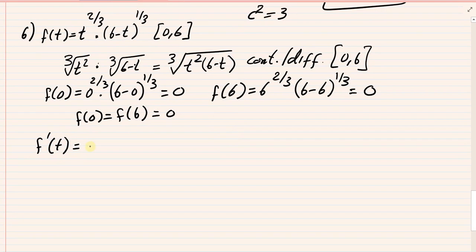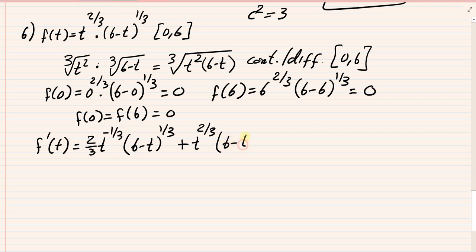Using the product rule, that would be derivative of first times second: 2/3 t to the negative 1/3 times (6 minus t) to the 1/3, plus first times derivative of second, which is the derivative of (6 minus t) to the 1/3, that's going to be 1/3 (6 minus t) to 1/3 minus 1, which is negative 2/3. Don't forget the chain rule. Remember, you have an inside-outside function, so we're going to multiply by negative 1, the derivative of the inside function.